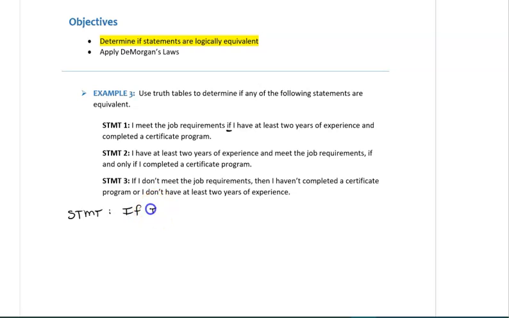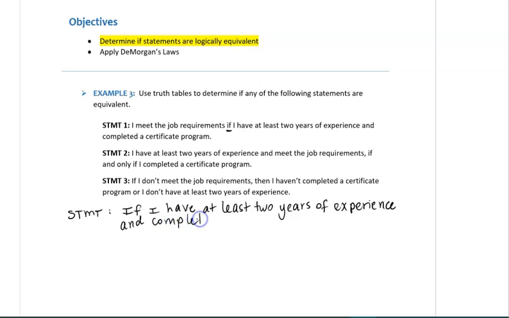So if I have at least 2 years of experience and completed a certificate program, then I meet the job requirements.